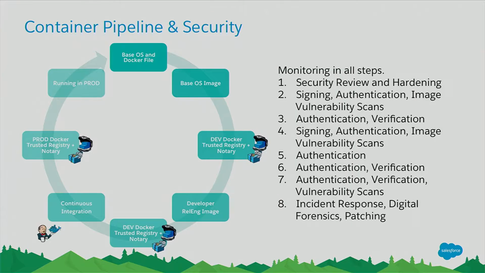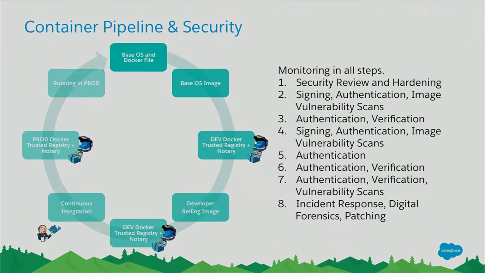Of course, the underlying processes involve registry signing of these images, and the notary, which is the source of trust or source of truth for all these processes, where dev, prod, and release engineering make sure that these images are coming from trusted sources.